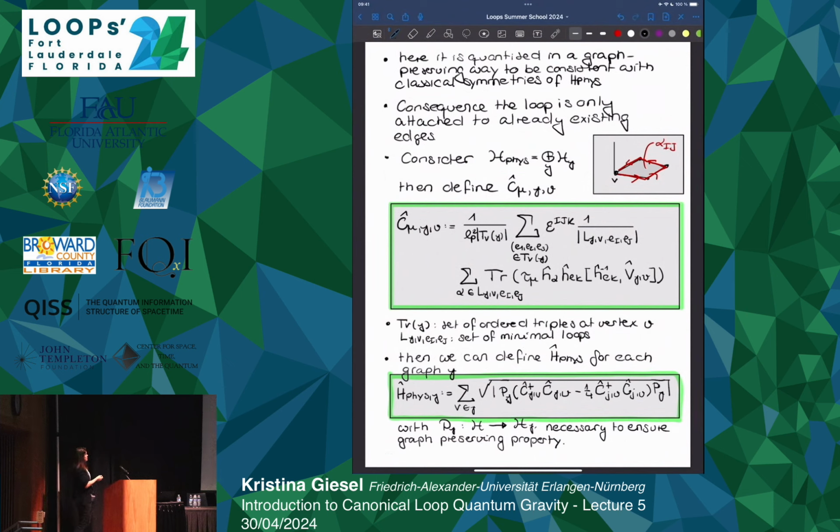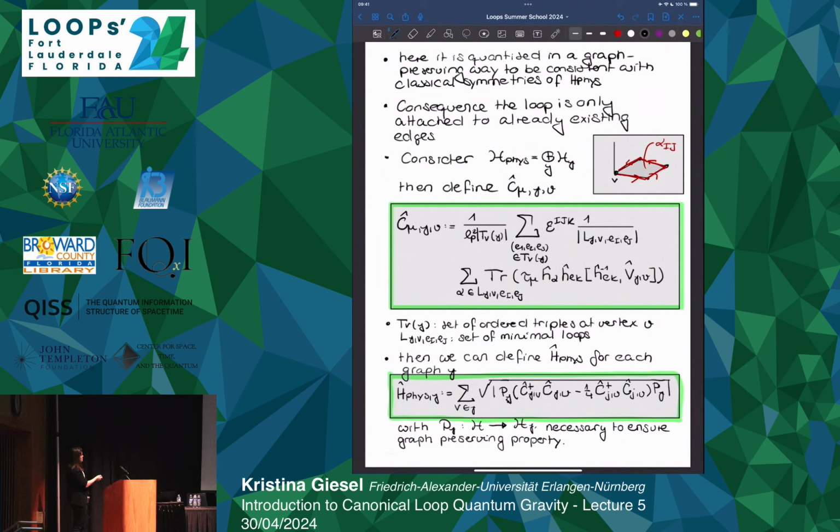So if we have a cube here, let's just take one face, then we would attach the loop along these already existing edges, so it wouldn't create a new edge, but of course it would still change the representation labels on these edges. Then for all mu, so for 0 and j, so for the diffeo part and the part involving the geometric contribution of the Hamiltonian constraint, you can write down a similar expression where some combinatorial factors enter.